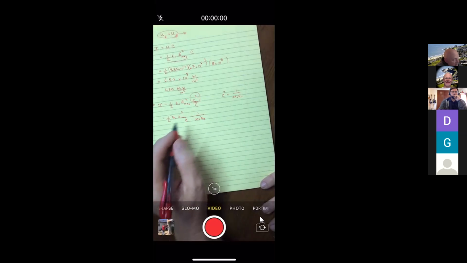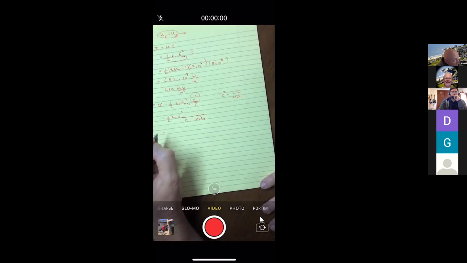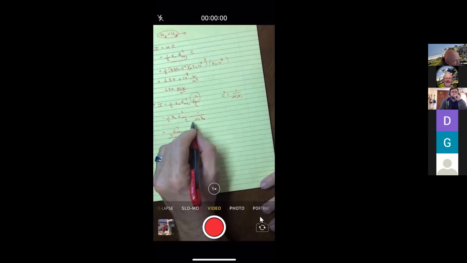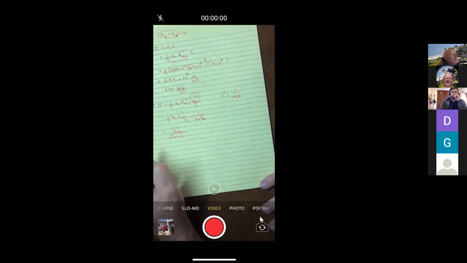So that cancels off the epsilon, and then across the top you just have electric field squared, and across the bottom the permeability of free space and the speed of light.